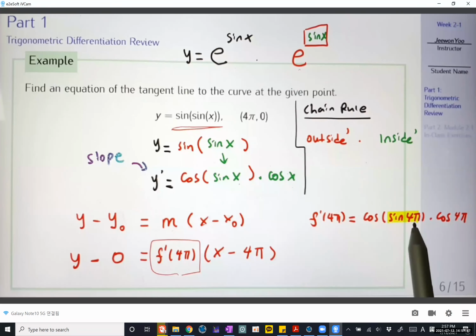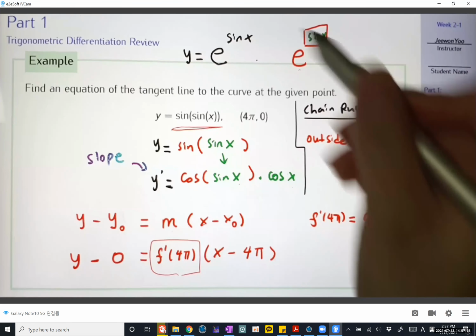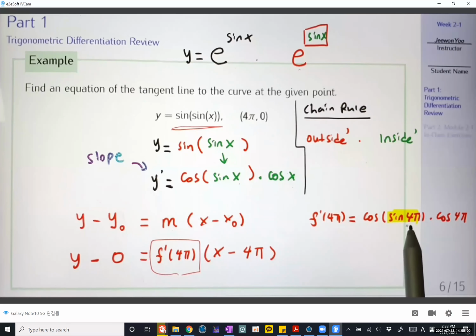Sine of a multiple of pi, in the yellow highlighted portion. 1 pi is 180 degrees, but I'm not talking about the degrees actually. I'm talking about what is the y value when you put in 4 pi. 4 pi is like 720 degrees, right? Sine of 720 degrees is, just like people mentioned, Maya, Jenna, and Sam.